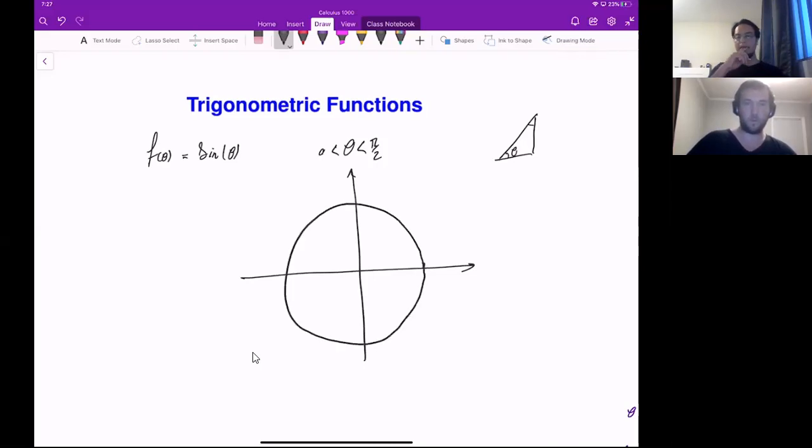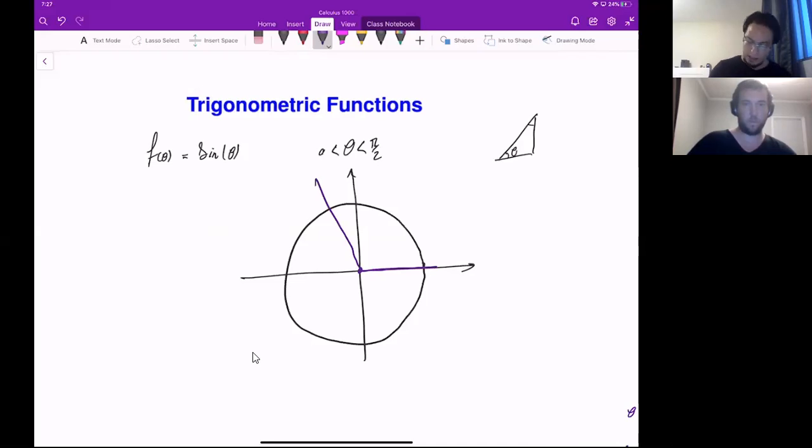Okay? And then every angle someone gives you, you can place on this coordinate system the way I'm going to tell you. First, the vertex of the angle goes on the origin. One of the sides of the angle is on the positive x-axis, and the other one, whatever it is, you draw that.